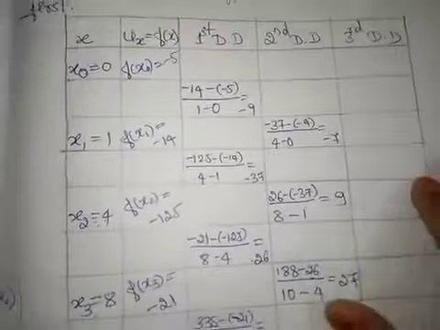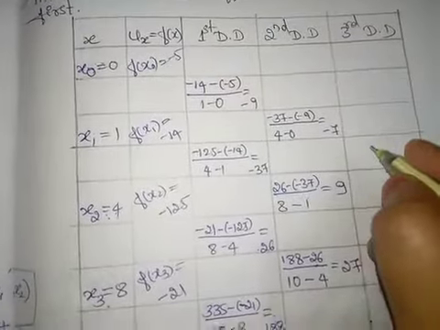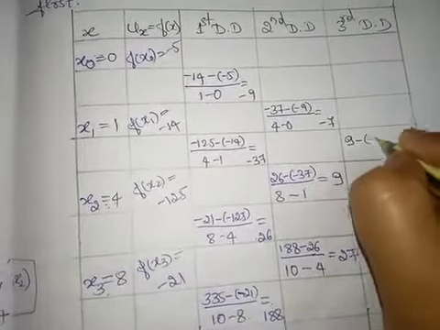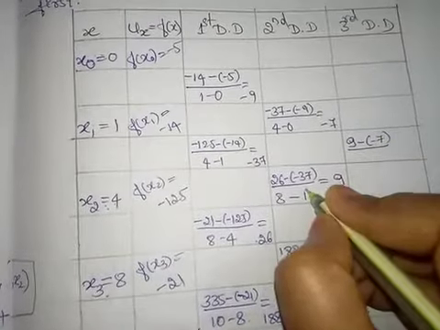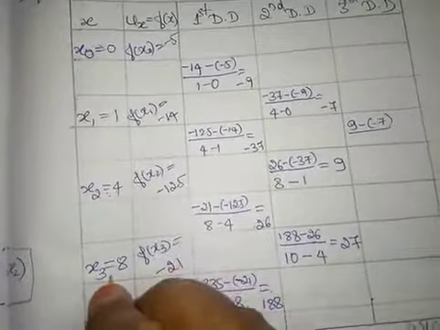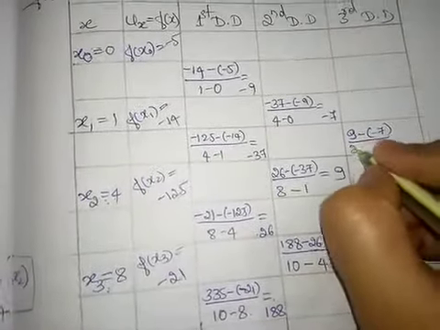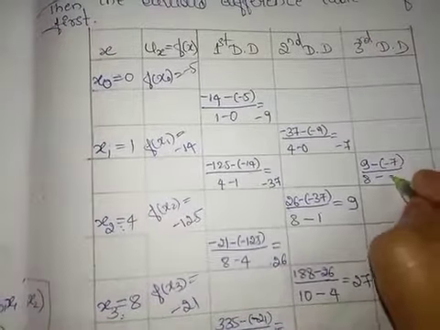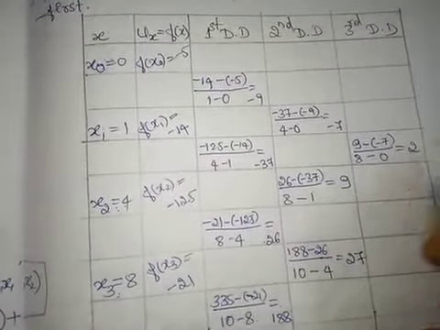Next, between these two, what we will get? 9 minus of minus 7 divided by, the value of x which is below this one is x3 value is 8, minus the value of x which is above this one is 0, is equal to 2.